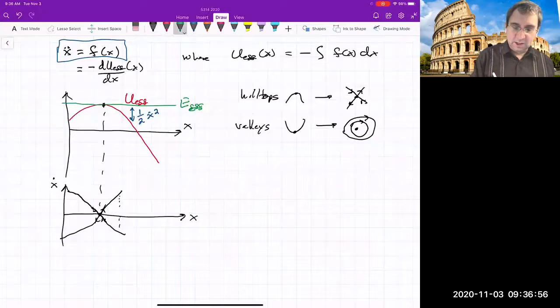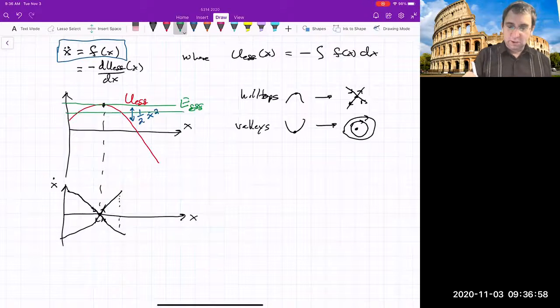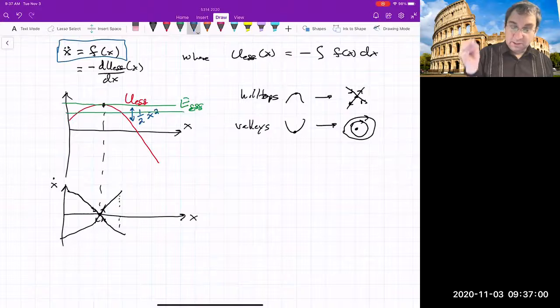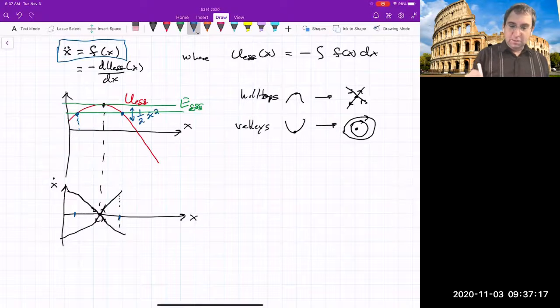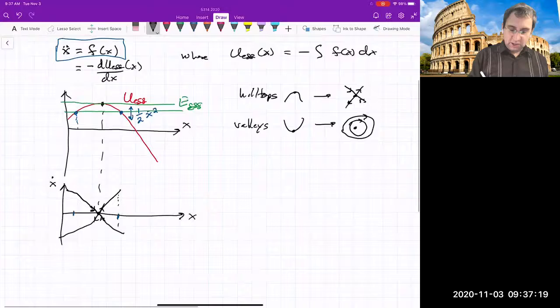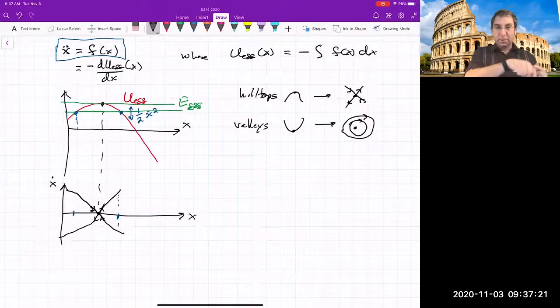What if we had an energy that was below that hilltop? Well, then we would have something else we've talked about, these turning points, so points where the trajectory reaches 0. So for this value, this would be a turning point, this would be a turning point. And the way that phase portraits work, nearby trajectories must be going in the same direction.